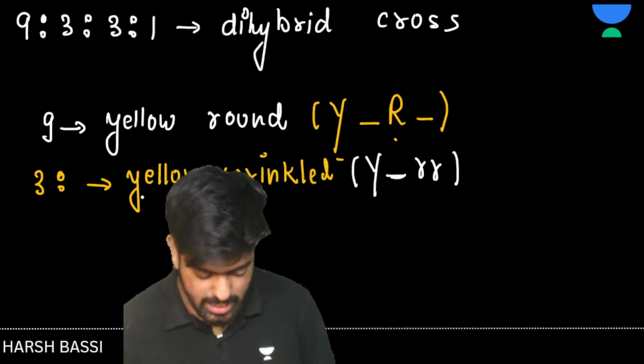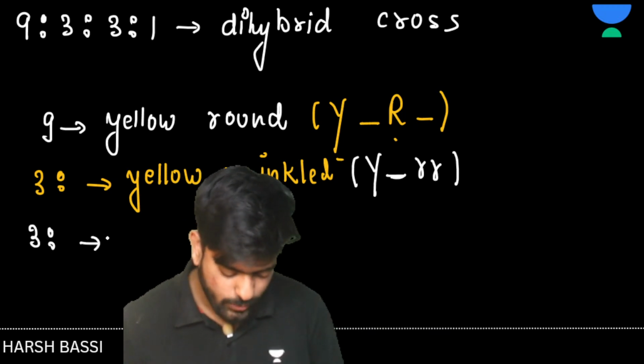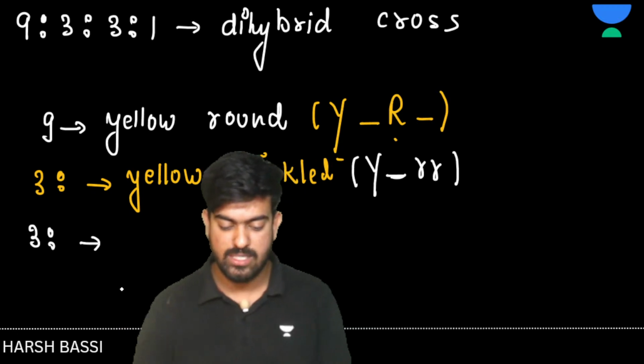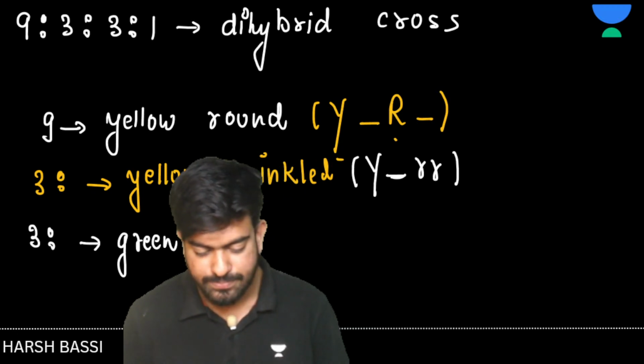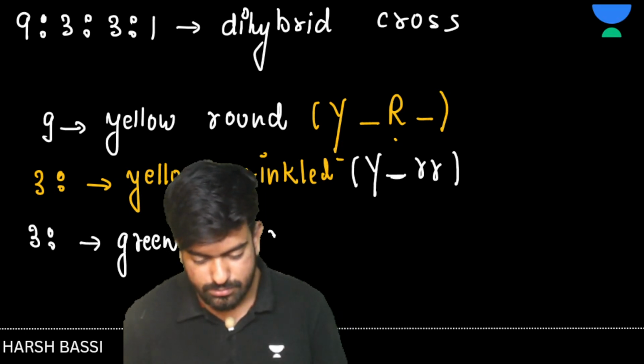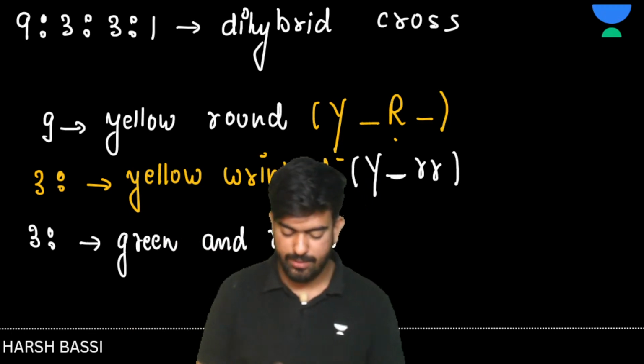Next we have again 3, which is green and round. Clear?